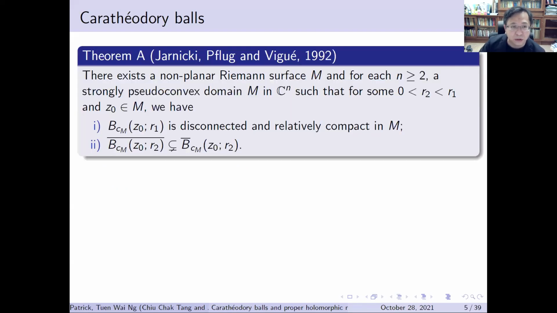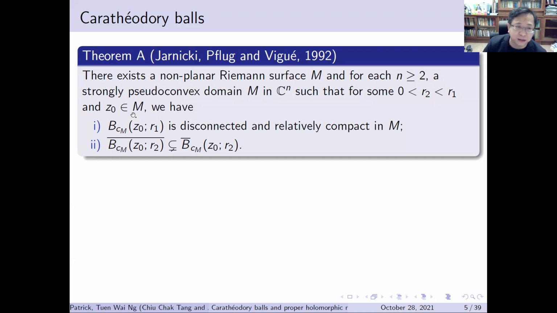So why did they ask this question? Because they proved the following result. They proved that they can find a non-planar Riemann surface M, or for each n greater than or equal to 2, a strongly pseudoconvex domain in C^n, such that the following two conditions are satisfied.